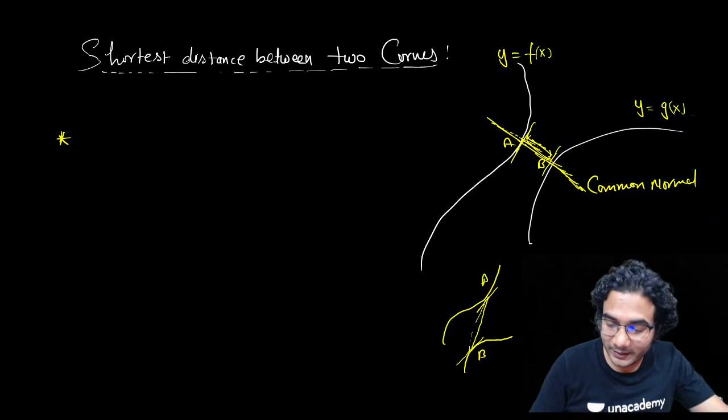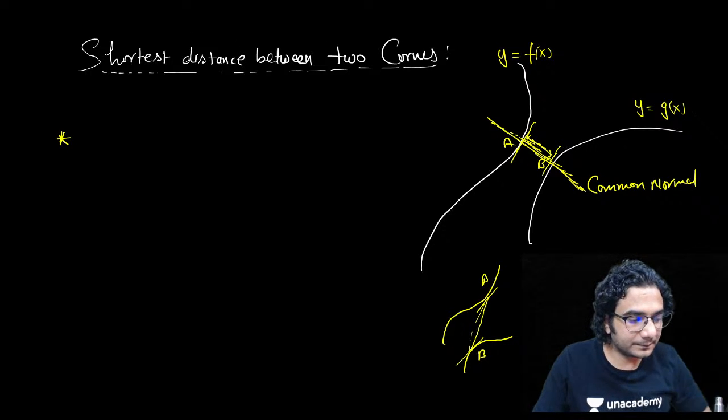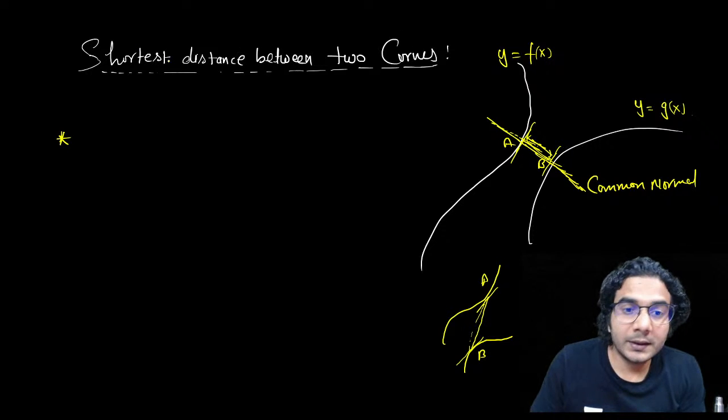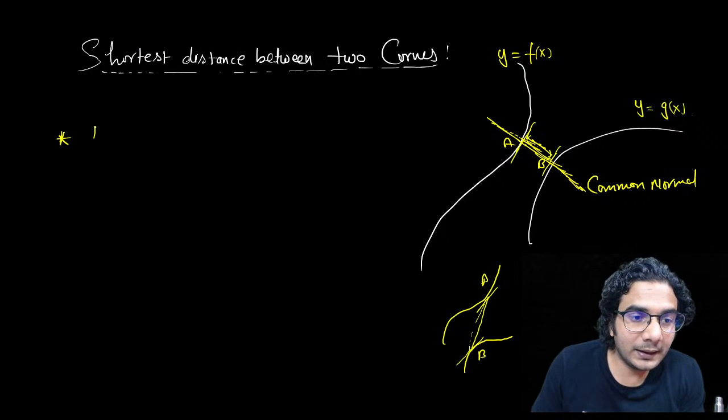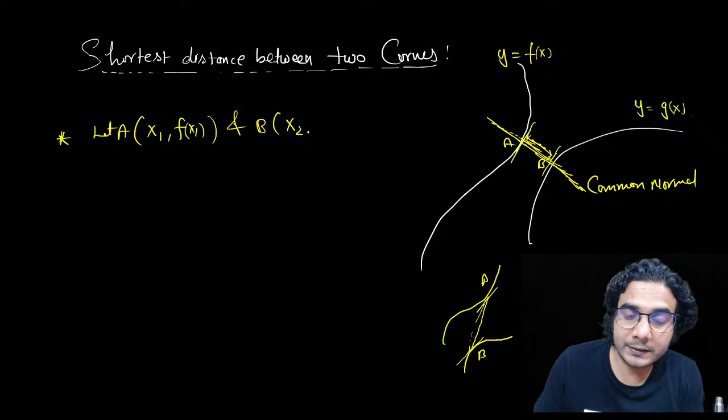So how to find this common normal? All right, let's continue. First we'll take this point A as (x1, f(x1)), and point B as (x2, g(x2)).